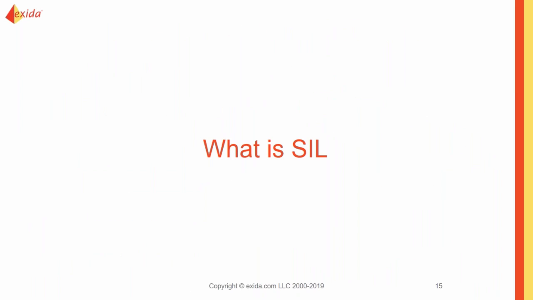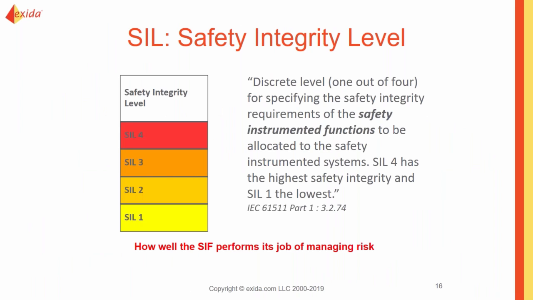So what is this safety integrity level? As I said before, it's 4 different levels, 1 through 4, 1 being the lowest, 4 being the highest. And it's a judge on how well your SIF is doing its job.